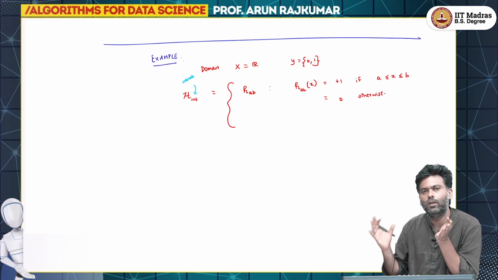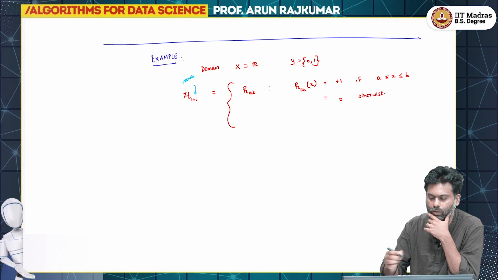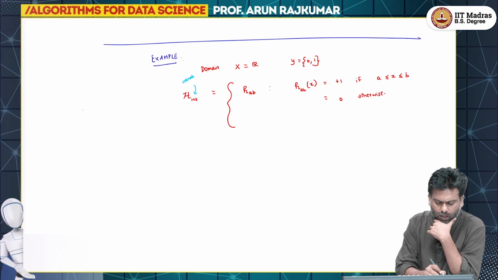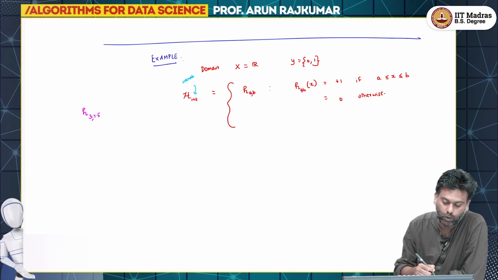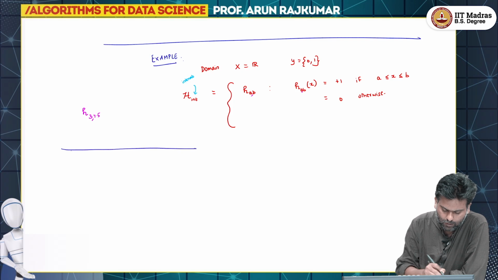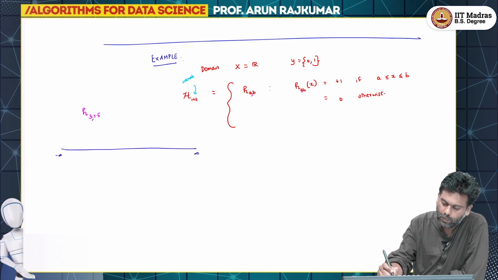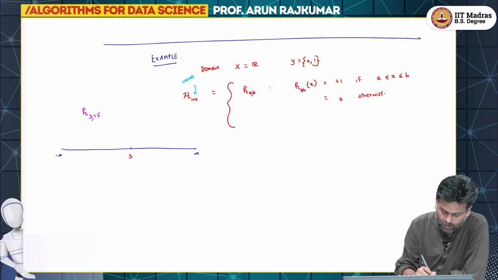So this is my set of all classifiers. For example, there might be a classifier which is H_{3, 7.5}. What is H_{3, 7.5}? Well, on the real line, from minus infinity to infinity, there is the value 3 somewhere and the value 7.5 somewhere.